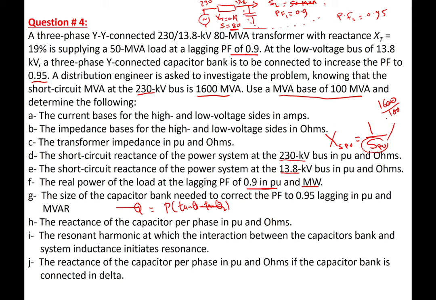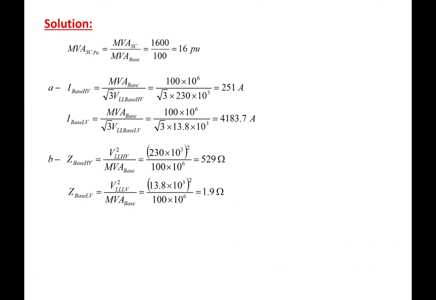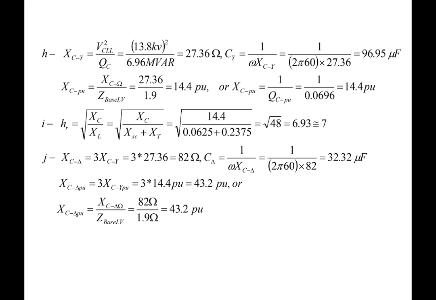We have P, which is 50 times 0.9, so that will give us Q. Then we can find the reactance of the capacitor as V squared divided by Q, where V is 13.8, which is given over here. Then that gives us the value of XC. Then we can find C, straightforward.